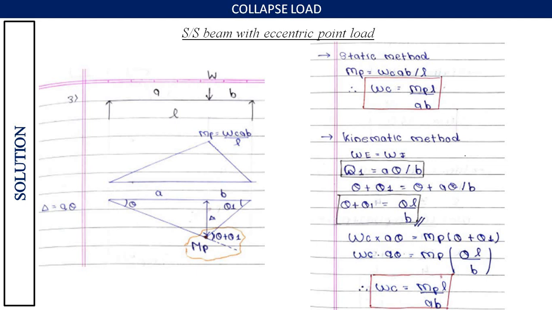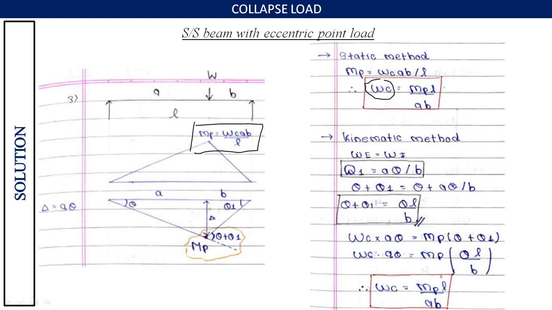By using the static method, the maximum bending moment at the point under the load will be WC AB by L, which means MP is equal to WC AB by L. WC is the collapse load, A is the distance from the left side, and B is the distance from the right side, divided by the total length of the beam. Making this the subject for the collapse load, we find the value of collapse load as MP L by AB. Now let us see this beam by the kinematic method.